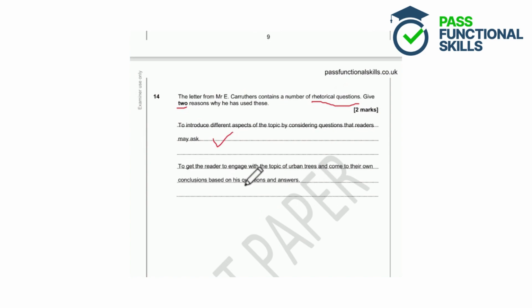And he's also used them to get the reader to engage with the topic of urban trees and come to their own conclusions based on his questions and answers. So rhetorical questions are a good persuasive device, so it kind of makes the reader feel like the writer is talking to them directly. So he's getting the reader to engage with the topic of urban trees by doing that.